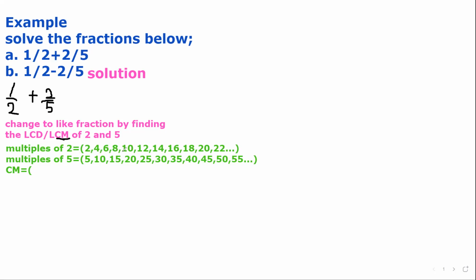Now we have 10 here. 10 happens to be the first common multiple, and then we also have 20. 20 happens to be the second common multiple here. And when you continue, we get more. But these are the ones that we have within our multiples of 2 and the multiples of 5 as far as the first 10 listed numbers are concerned.